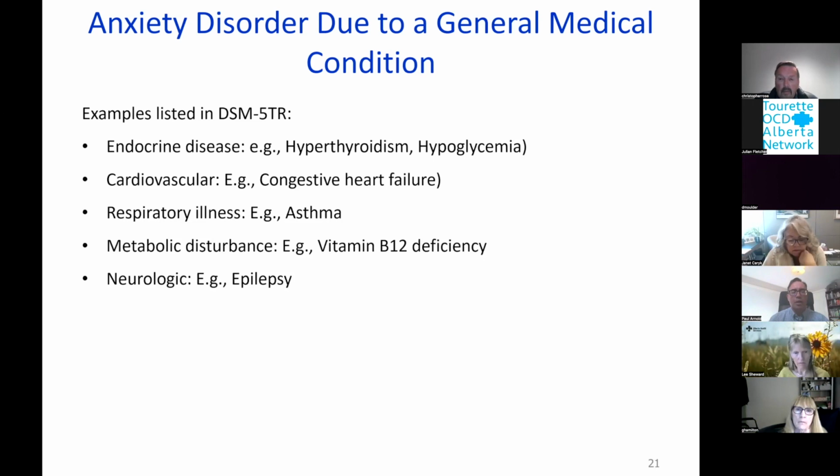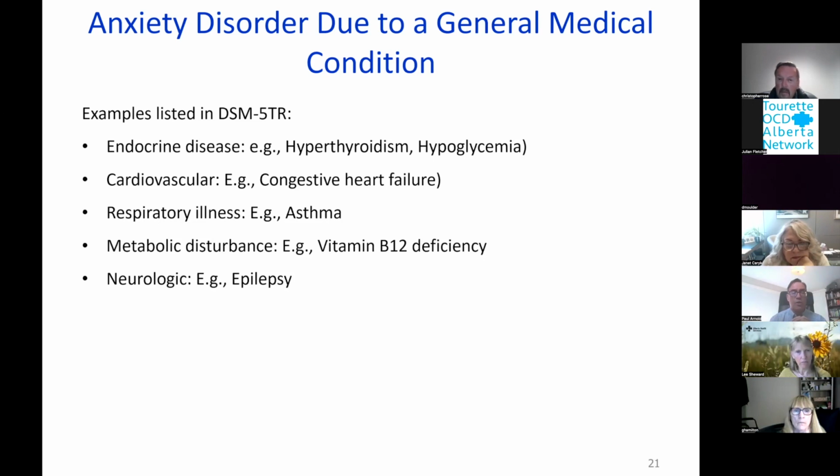There's multiple examples in the DSM-5. The more classic ones are listed there. All of them are listed because they can occur in children, although they vary in terms of how common they are. The classic one is hyperthyroid, more endocrine ones like hyperthyroidism and hypoglycemia. Cardiovascular can occur.